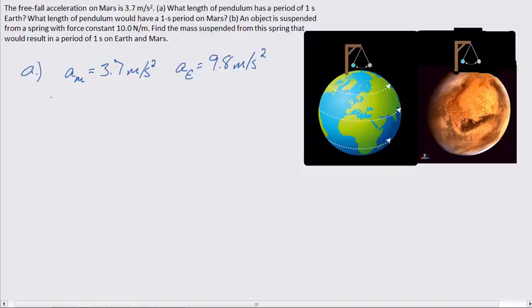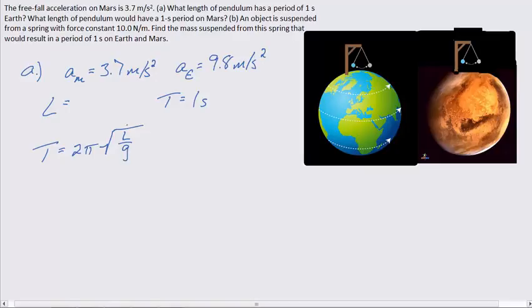And we're asked to solve for the length of the pendulum necessary to have a period of 1 second on both planets. The one equation we know about a pendulum, which has 3 of the variables we're interested in, is that our period is equal to 2 pi times the square root of the length of a pendulum divided by gravity.